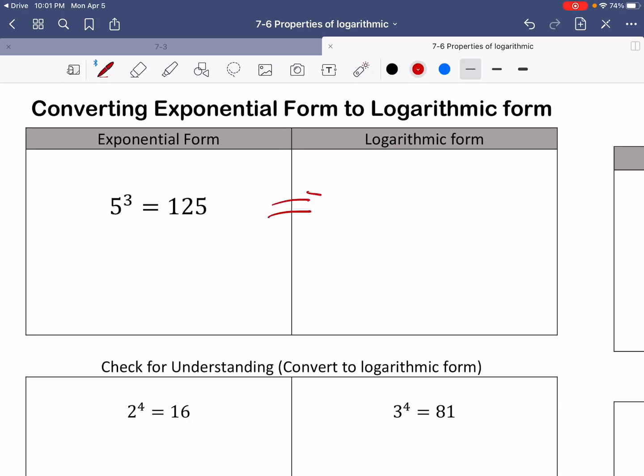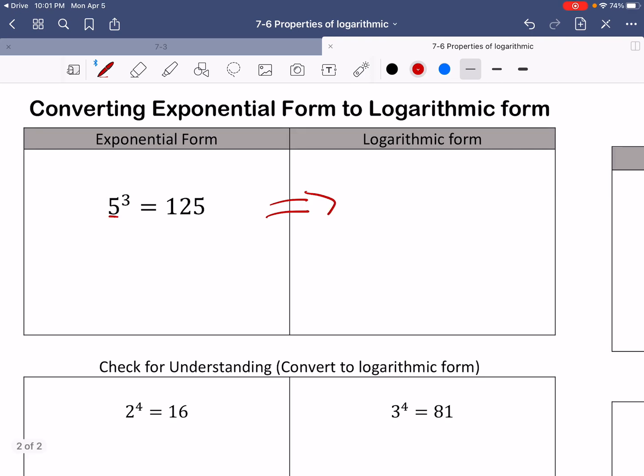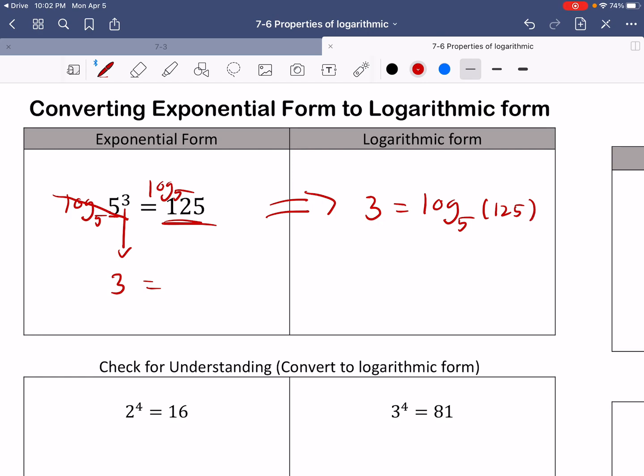So if you want to change this one to logarithmic, in order to get rid of this base 5, you have to do log base 5 both sides, okay? Then this will disappear. You will have 3 equals log base 5 of 125. That's how you change it.